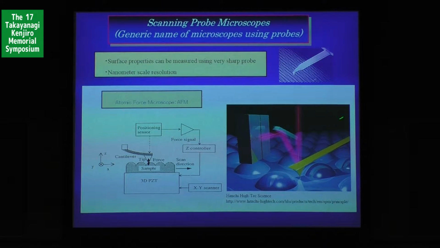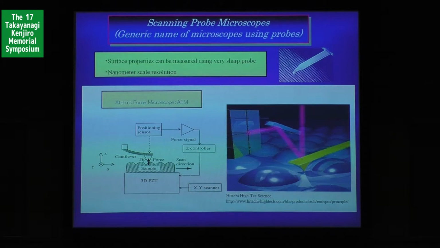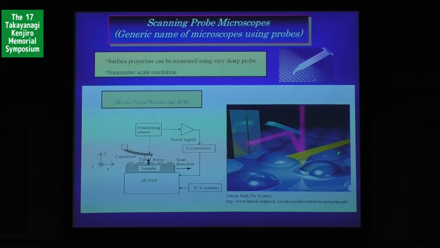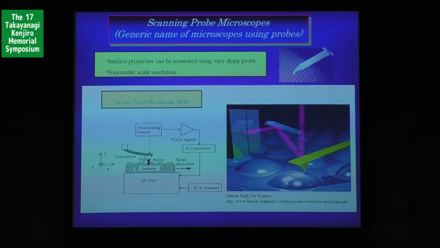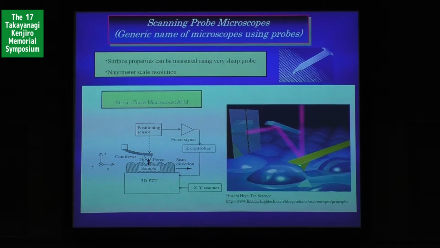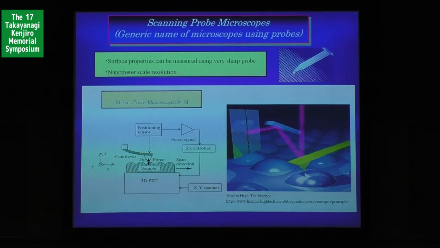By using an optical lever system, you can observe the deflection, and by using feedback control, you can follow the movement of the surface. And for manipulation, if you use the strong interaction between probe and surface, you can fabricate the surface, as in fabrication by manipulation.